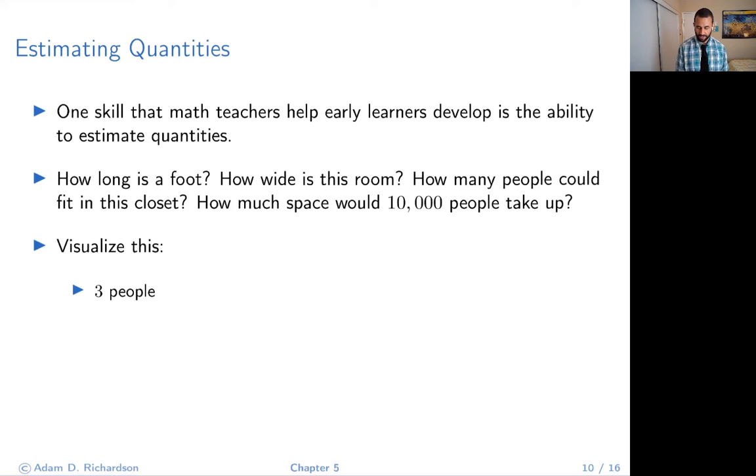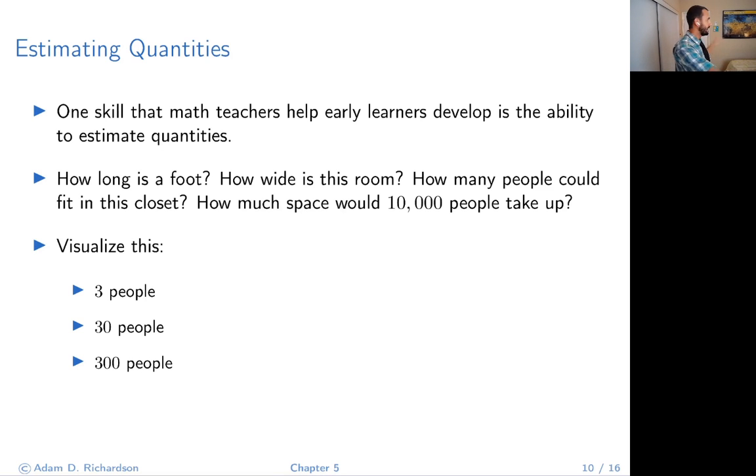All right, now try to imagine 30 people. Imagine that group of three and multiply that by 10. So now imagine right around you, you've got 10 of those groups of three. Think about how much space 10 groups of three take up. Now imagine 10 times that.